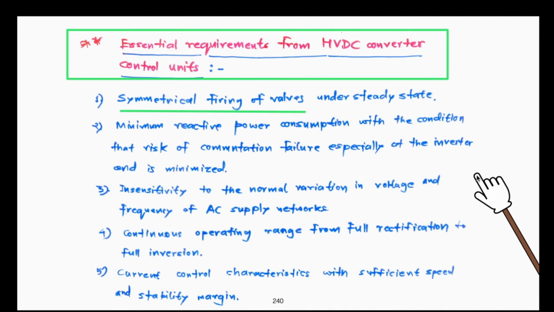If we consider that one full cycle of AC input is worth 360 degrees or 2 pi radians, then symmetrical firing of 6 thyristors within 360 degrees means each of them will receive a pulse every 360 by 6, so a thyristor will be triggered every 60 degrees.